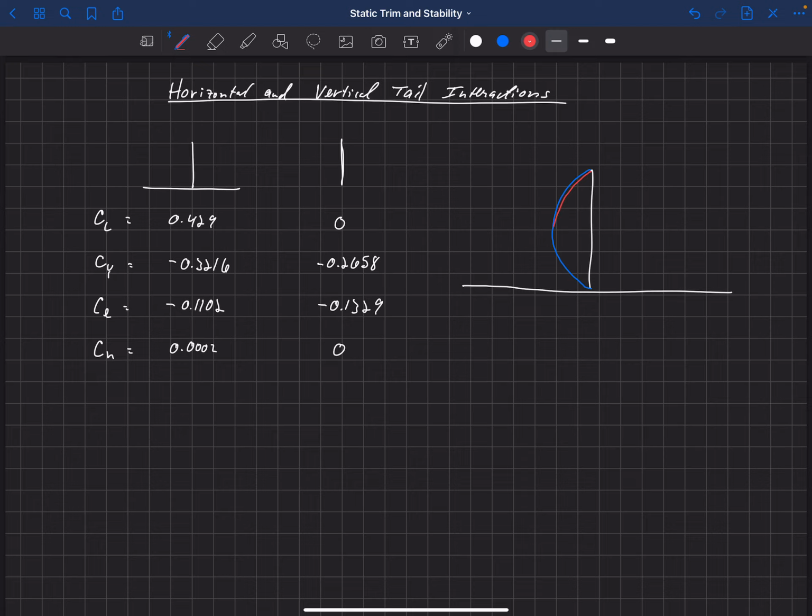This lift is now going to have some finite value here when it meets that horizontal tail. And so we actually have an increase in lift, or in side force, and we can see that here. We actually have more side force, minus 0.32, instead of just minus 0.26 when that tail was all by itself. So we have an increased lift in that direction, and so we get a larger side force.